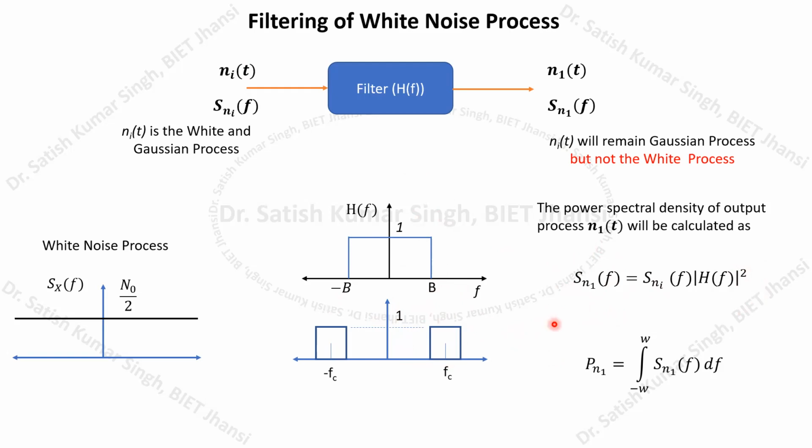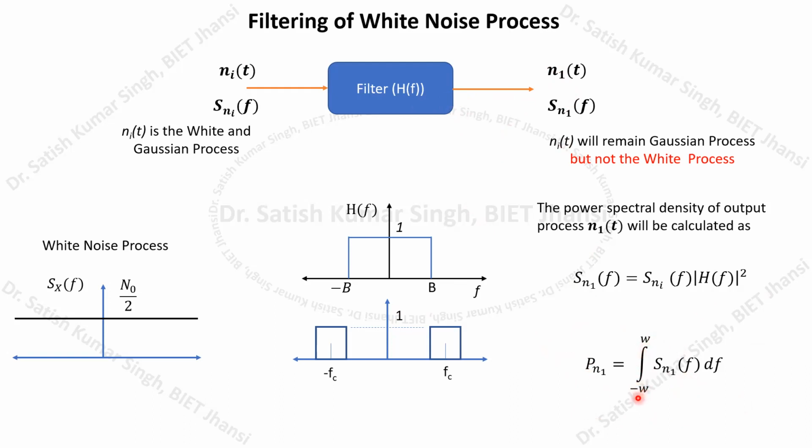If n_1(t) is the output noise process of this filter, then the total power P_n1 is calculated by this expression. We integrate the output power spectral density function over the pass band of the filter.